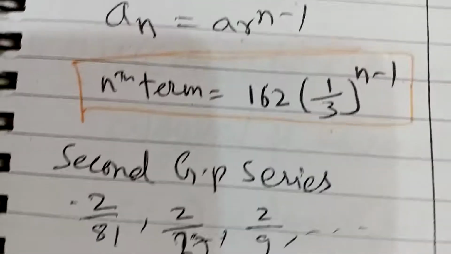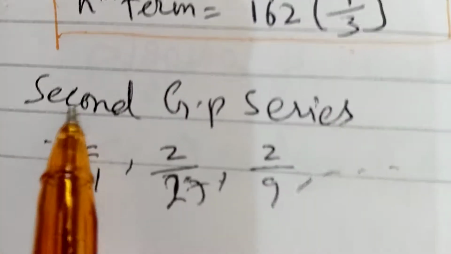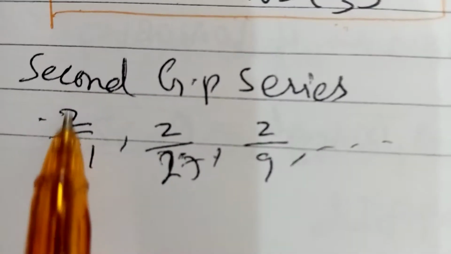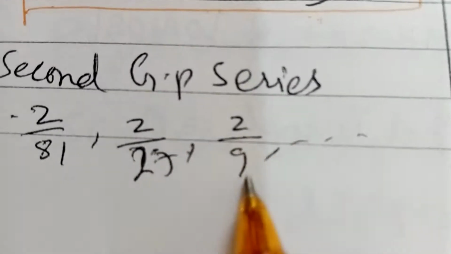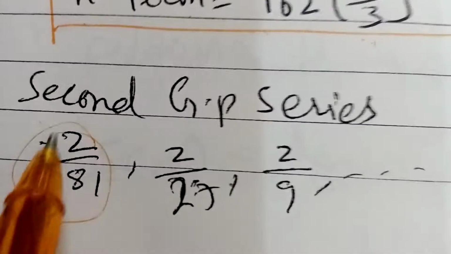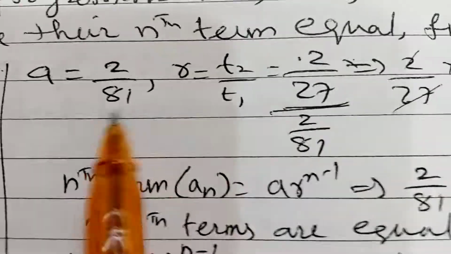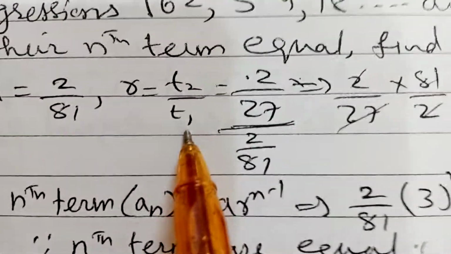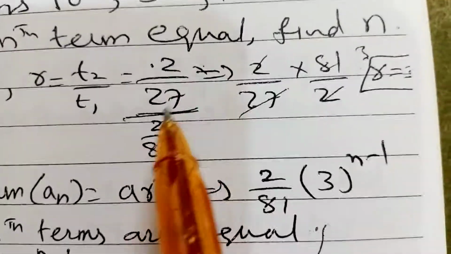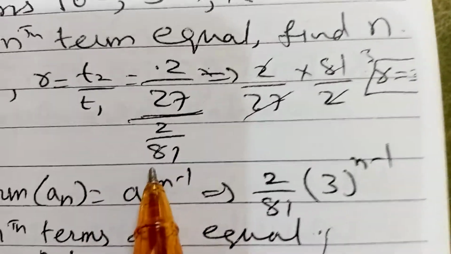Now we will find the nth term of the second series. The second GP series is 2 by 81, 2 by 27, 2 by 9. This first number is a. So a is equal to 2 by 81, the first term. r is equal to T2 by T1, which means (2 by 27) by (2 by 81).